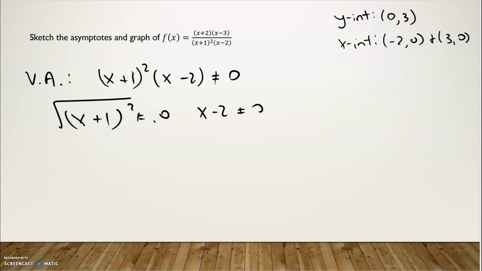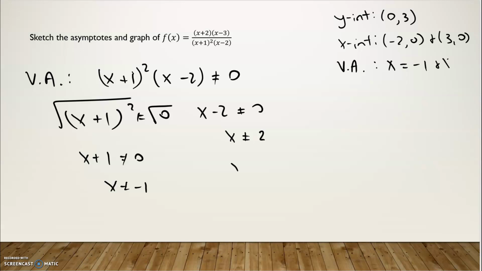Okay, so square both sides. So x plus 1 equals 0, so x equals negative 1. And x equals 2. Okay, so our vertical asymptotes are x equals negative 1 and x equals 2.